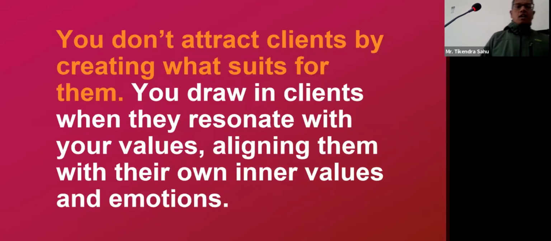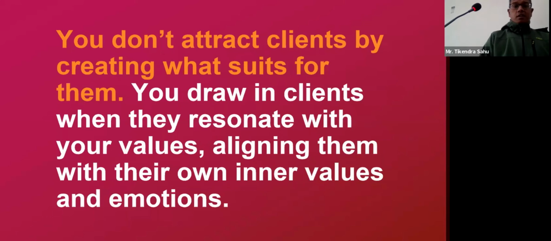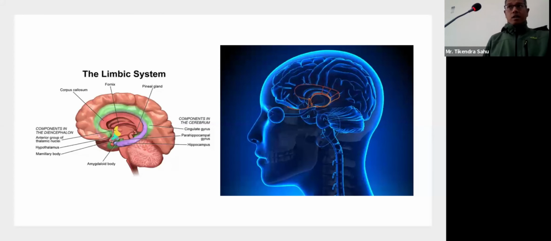You draw in clients when you resonate with your values, aligning them with their own inner values and emotions. Then we come back to the limbic brain, because everything can be tracked back to that part of your brain.